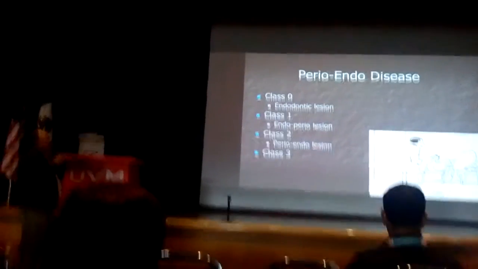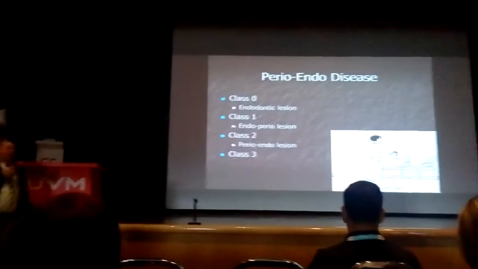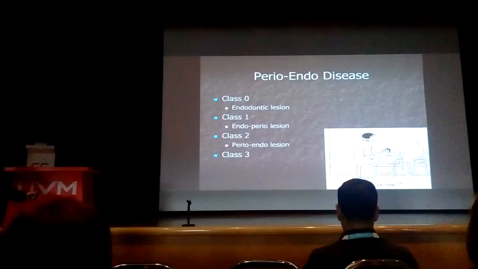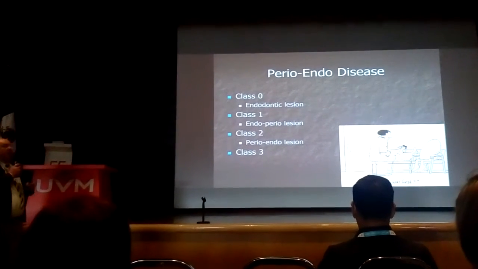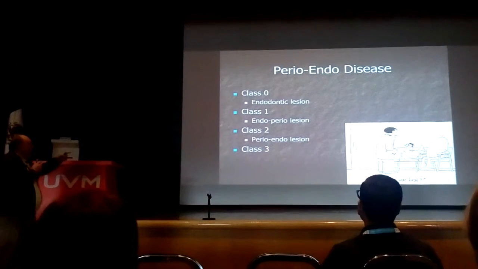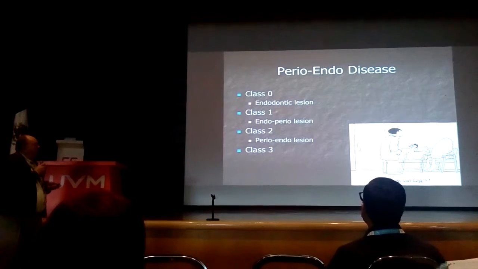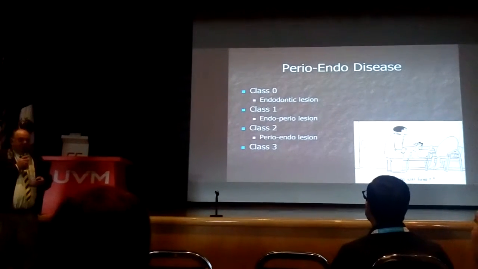With perioendal disease, we classify them. I don't really use the class 0, basically I leave that blank, because really it's not really the perioendal disease. A class 1 is called an endoperial lesion. A class 2 is called a perioendal lesion.